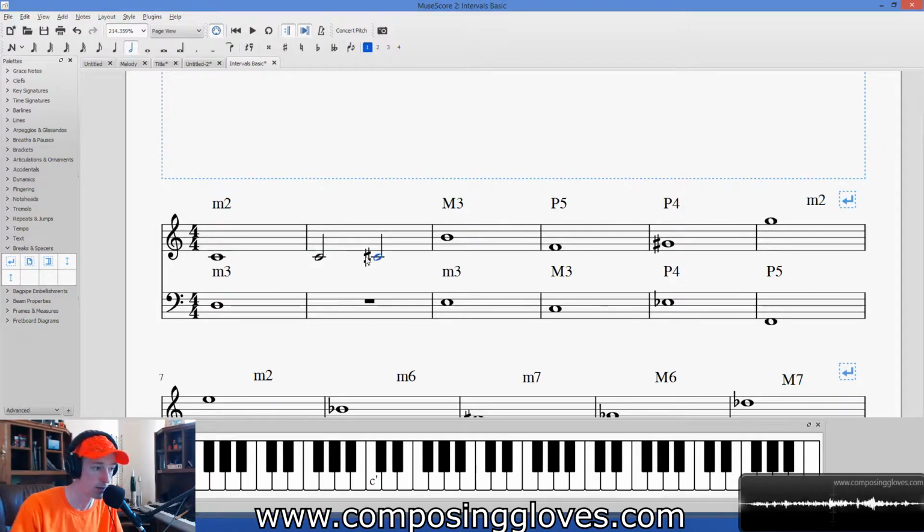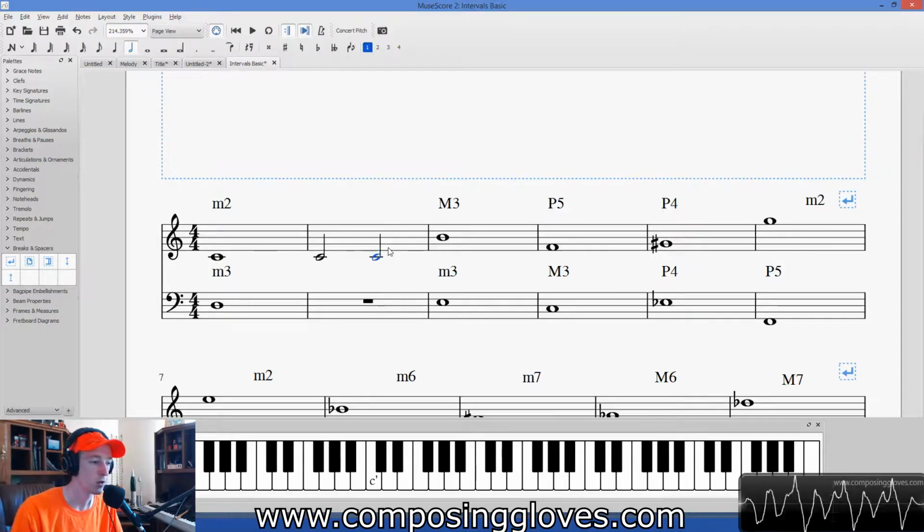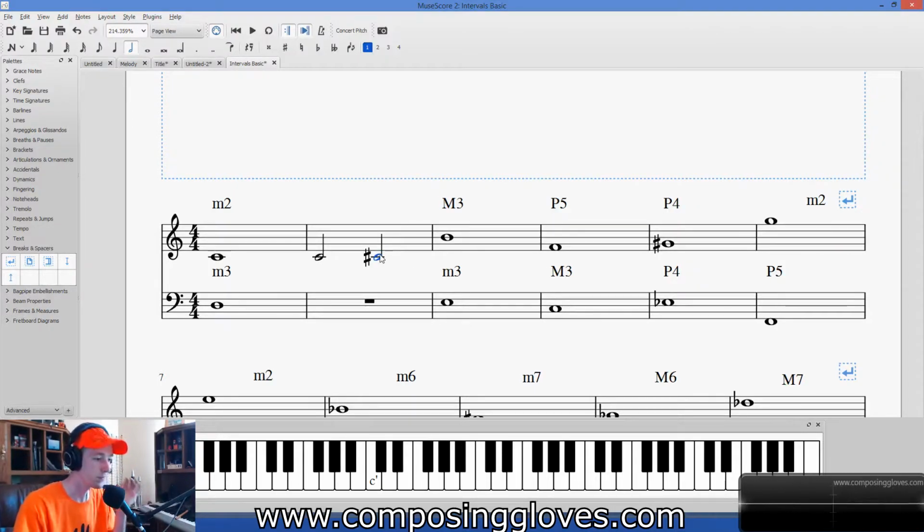So we can't call it a minor second because it hasn't risen. It would have to go up and go like that. Then it's gone 1, 2. Because we count with the note that we start on. That counts as 1. So what is this? Well, this is the same note, right? So it's a unison, but it's been raised a half step. So you would call this an augmented second.